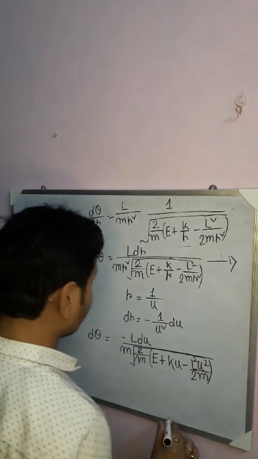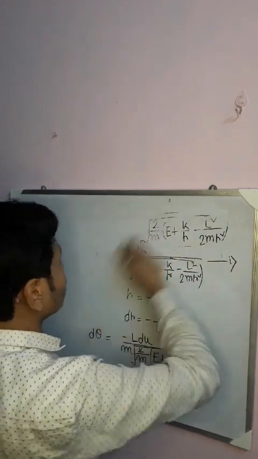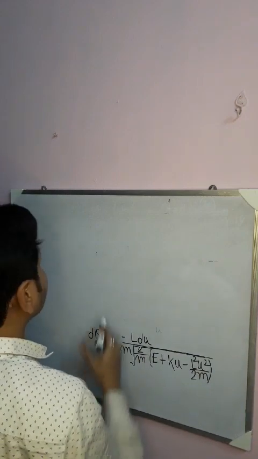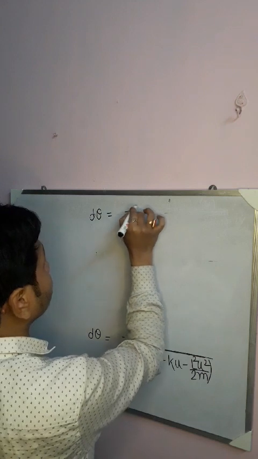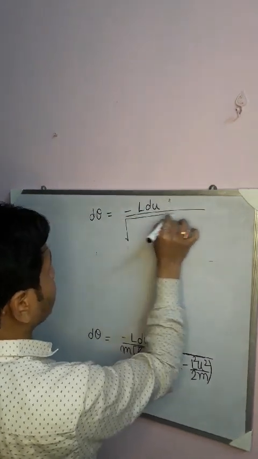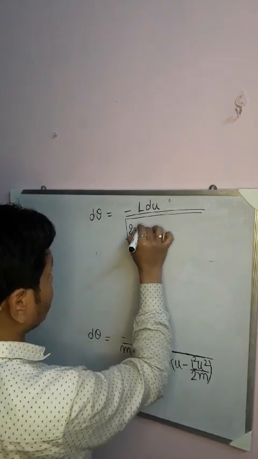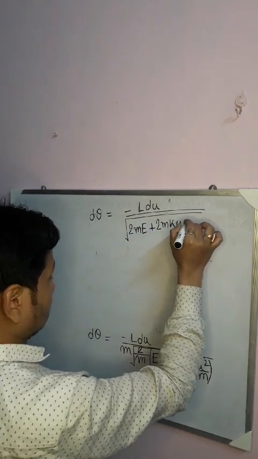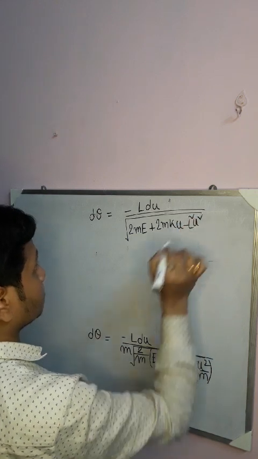Alright, no problem. We have to do a slight calculation. So that will be minus L into du by square root of, if you take it inside and multiply, 2mE plus 2mku minus L square u square. You get this.